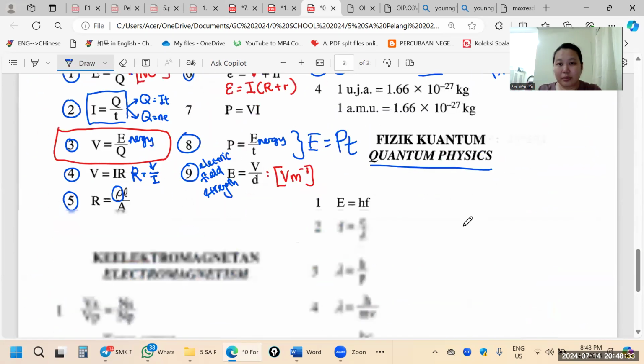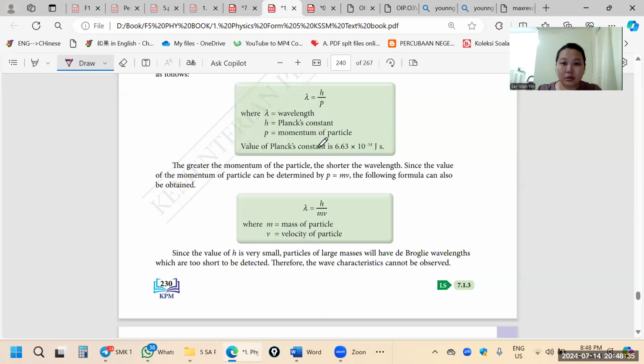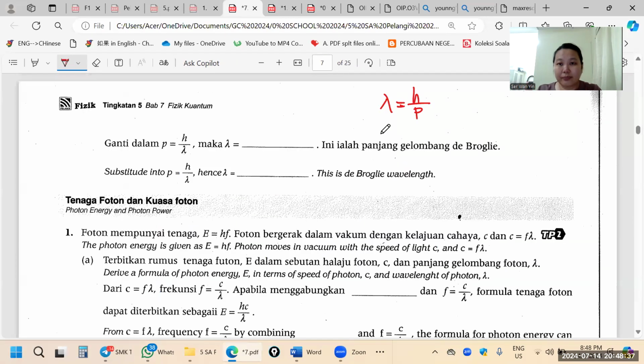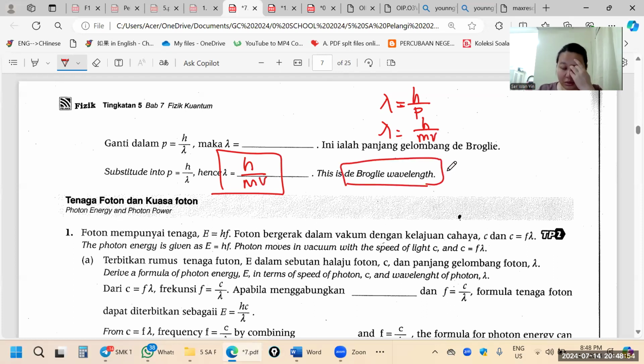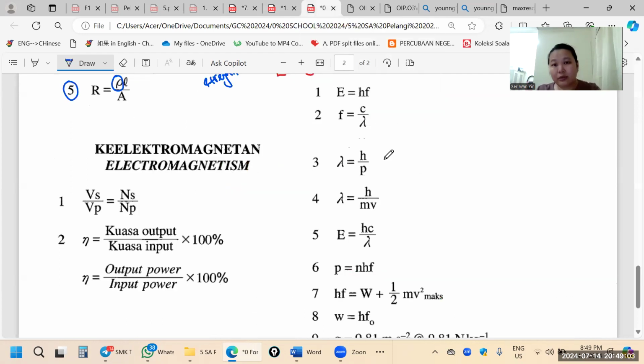So we substitute back here and get lambda equals h over mv. We call it the de Broglie wavelength. When we say de Broglie wavelength, we're talking about the mass and the wavelength together. Now this is a formula.